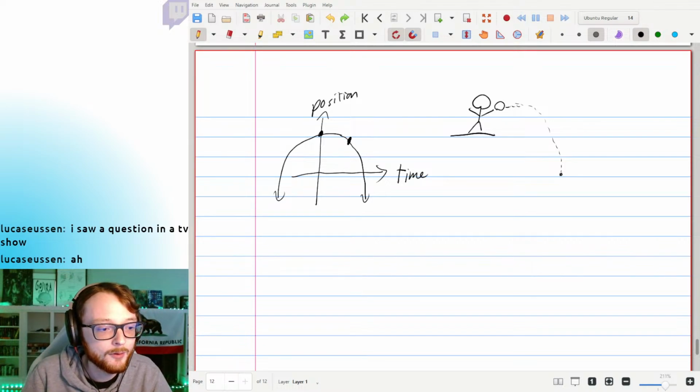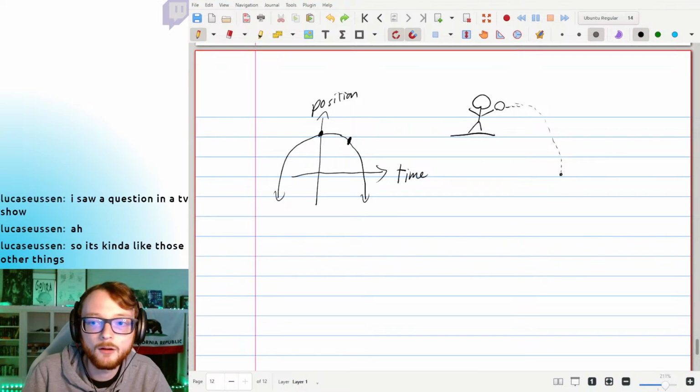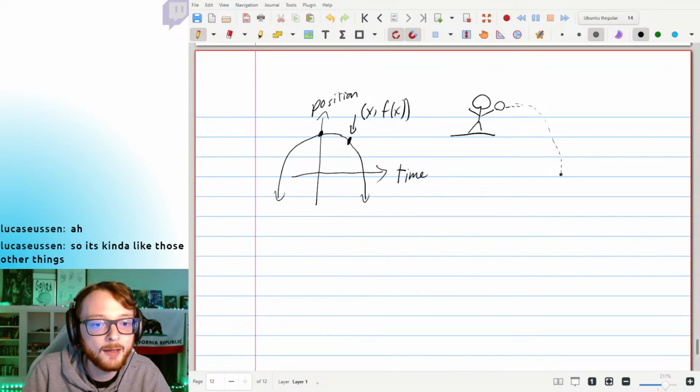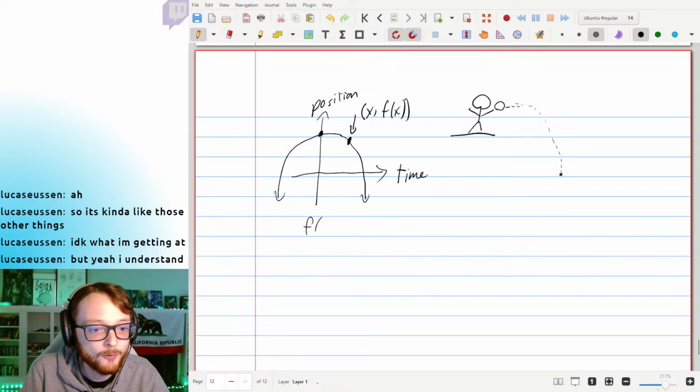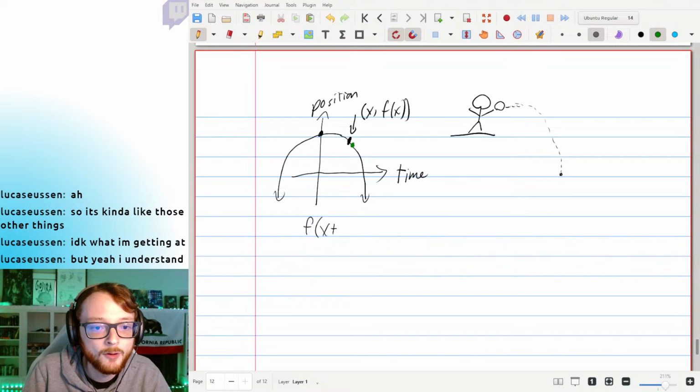And so if this is the point x comma f of x, so just any x value you want and any function value you want, the slope of that line is going to be the rise. And to represent that green point I was just drawing, I'm going to say it's some horizontal distance h away from our original point.